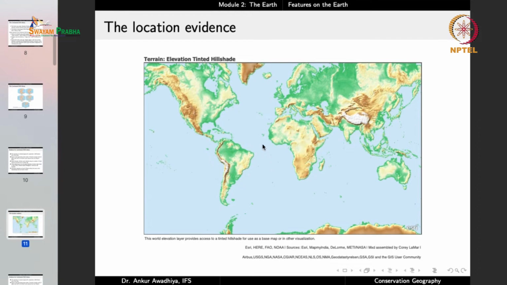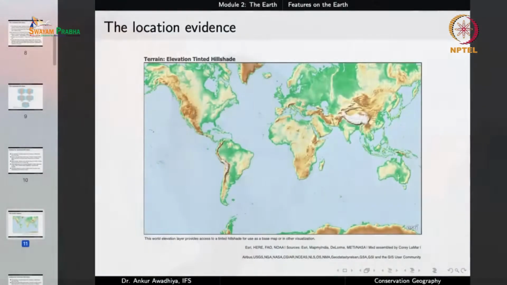Now, you cannot have a situation where these two locations, which are separated by the Atlantic Ocean, will be having the same configuration of rocks. That is not possible. That is only possible when some time back in antiquity they were joined together, then these rocks got formed, and then later on these continents drifted apart. So this was one evidence for his theory.